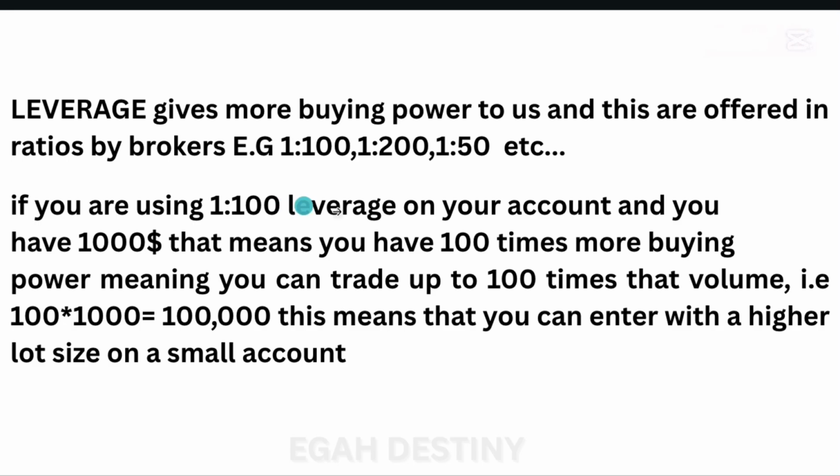That means if you multiply 100 by 1,000, it gives you 100,000, meaning you can manage trades up to $100,000 in that account. So even when you have just $1,000, these brokers can give you access to $100,000 so you can use lot size and catch more wins in the market.